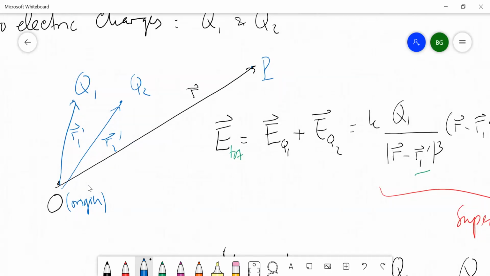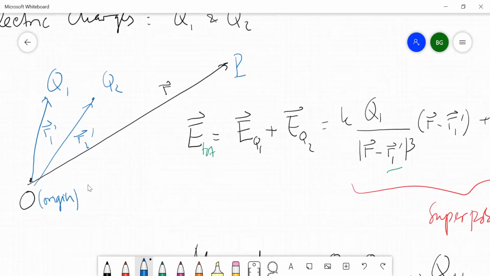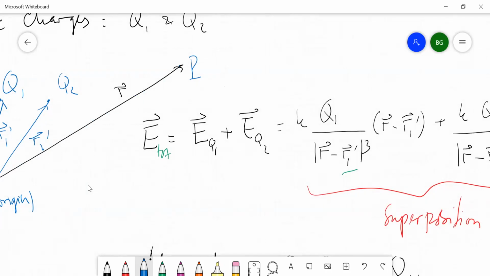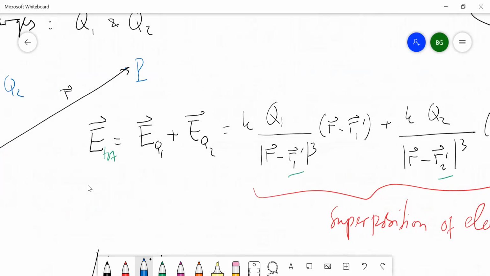In this case, we could sum the electric field by Q1 and by Q2. So we have superposition of two charges.